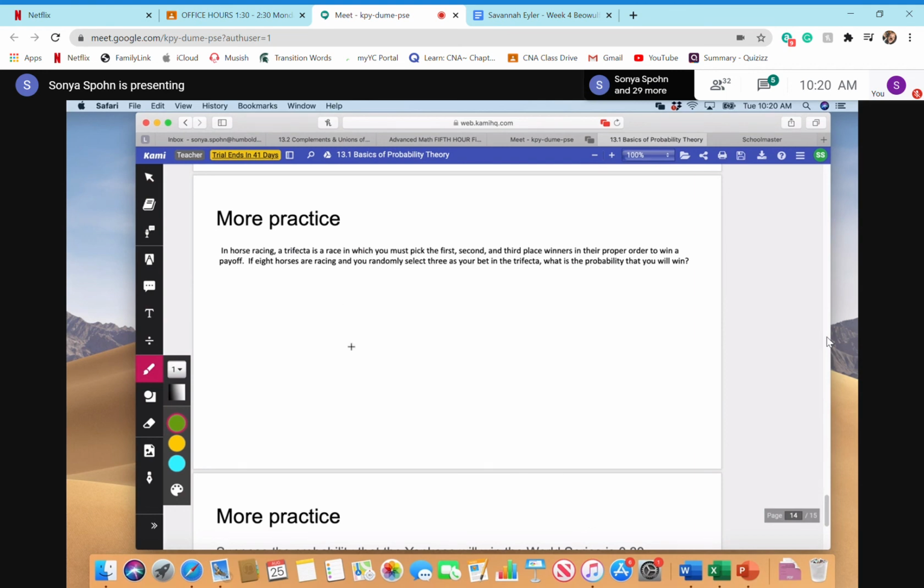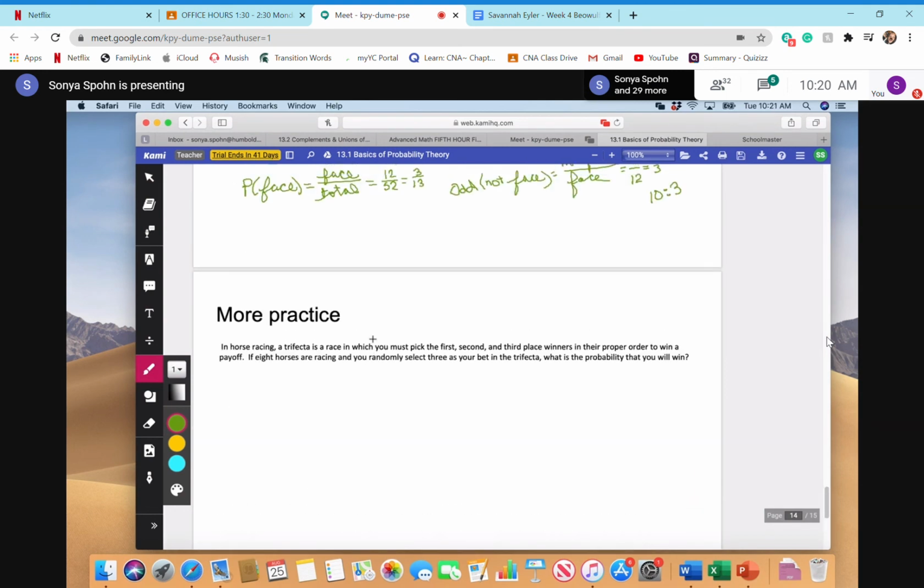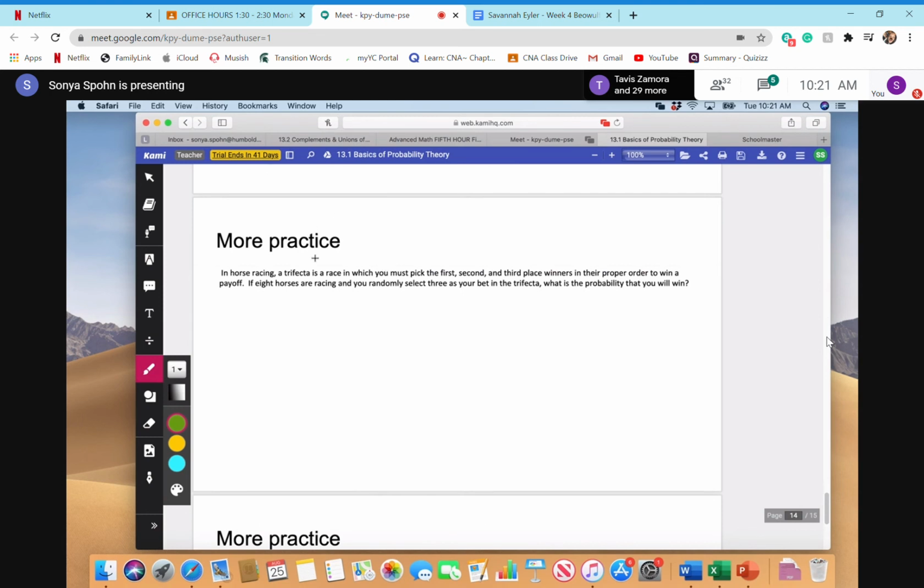We're almost done, I promise. I think it's just this page and this page, then we're done. Let's see if we can do these. It says, in horse racing, a trifecta is a race in which you must pick the first, second, and third place winners in their proper order to win a payoff. If 8 horses are racing and you randomly select 3 as your bet in the trifecta, what's the probability that you win?